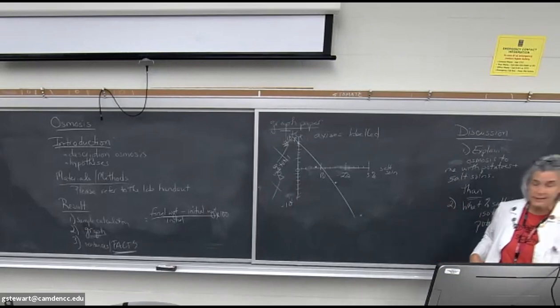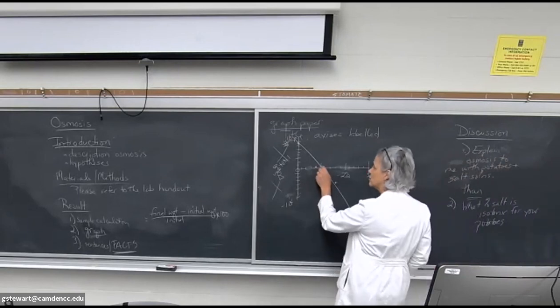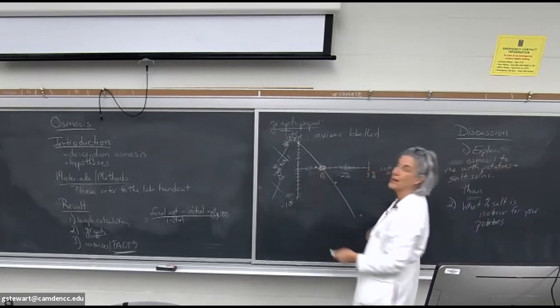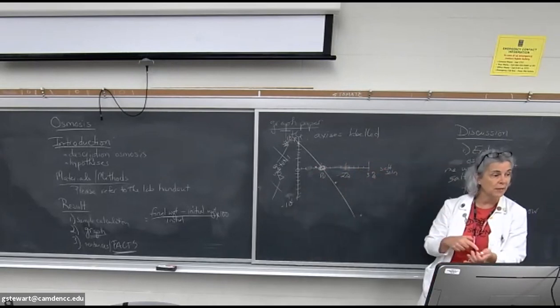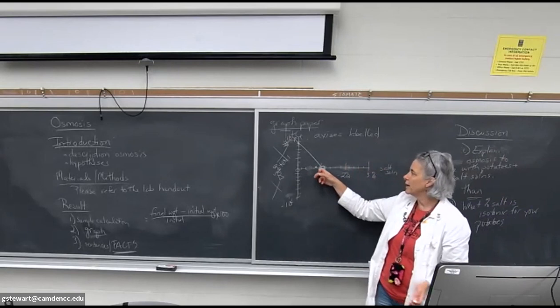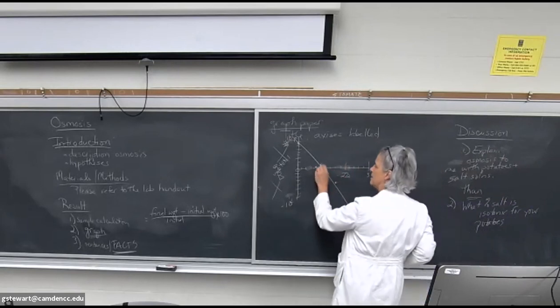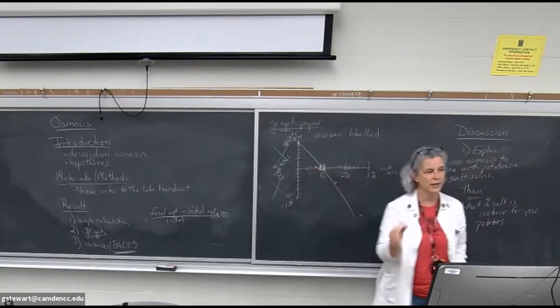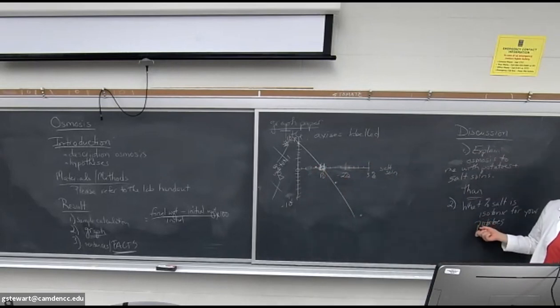Our best guess, this is actually isotonic, whatever that number is. That's why I said stretch this axis out, because you're going to get a more accurate count on that number, right? If this is 1% and this is 1.2% and it falls right in between there, I want you to say our potato had 1.1% salt in it, right, from the graph.